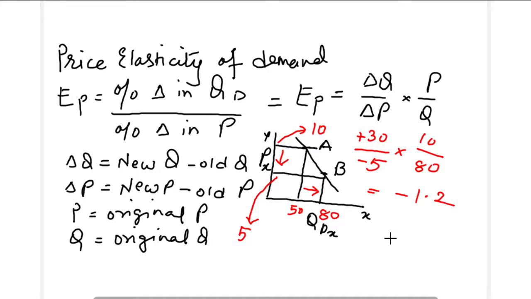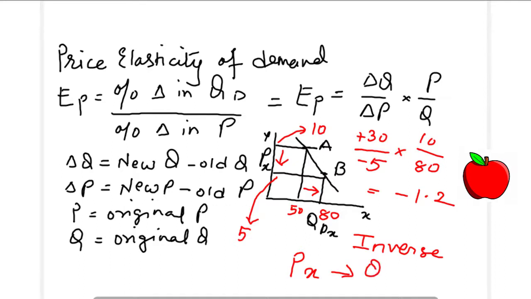This minus 1.2 elasticity again explains to us that the relationship between demand and the price is inverse. There is an inverse relationship between the price of a commodity like apples and quantity demanded of apples, as a result of which the point moves from point A to point B on the demand curve, and in the meantime the quantity demanded has also increased from 50 kgs to 80 kgs as a result of a fall in the price.